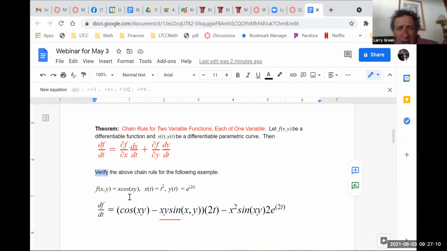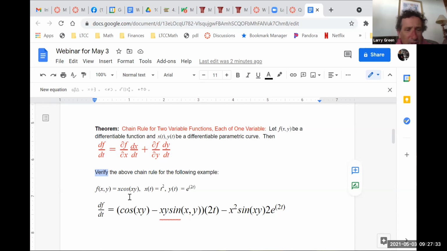How do you do it without using the chain rule? So in other words, if I gave this to you as a problem in November of last year, the idea is you could have done this without knowing anything about this quarter's math.